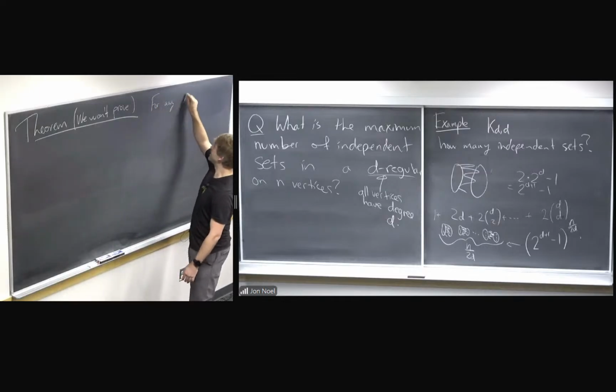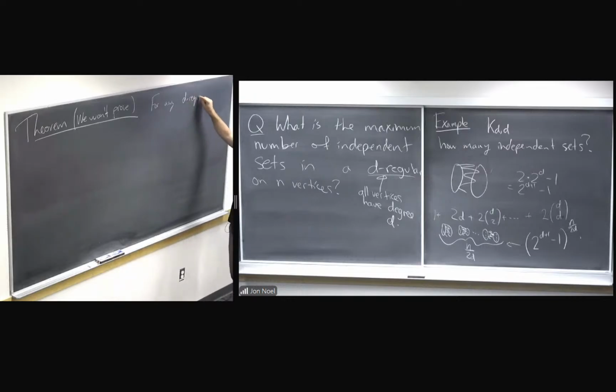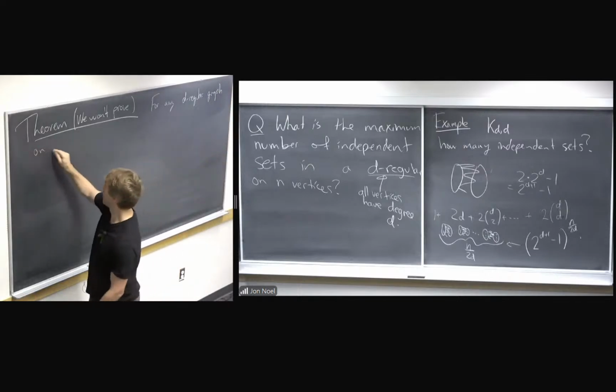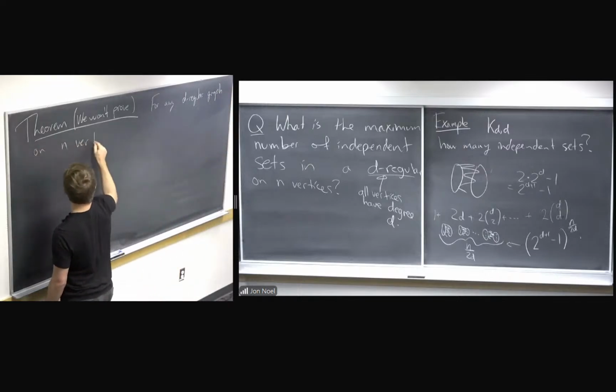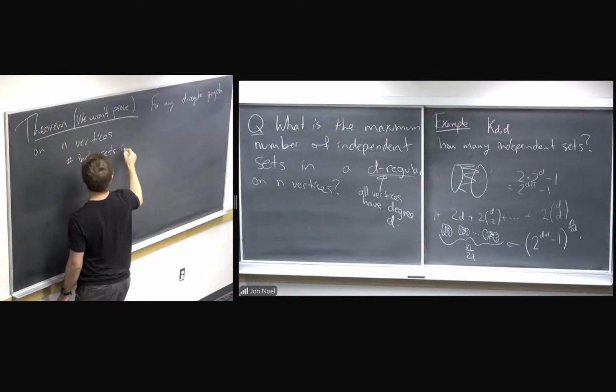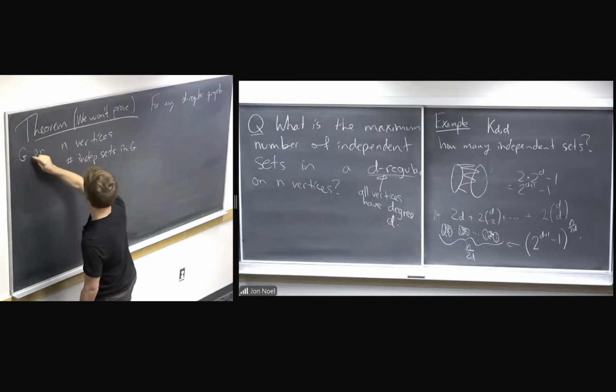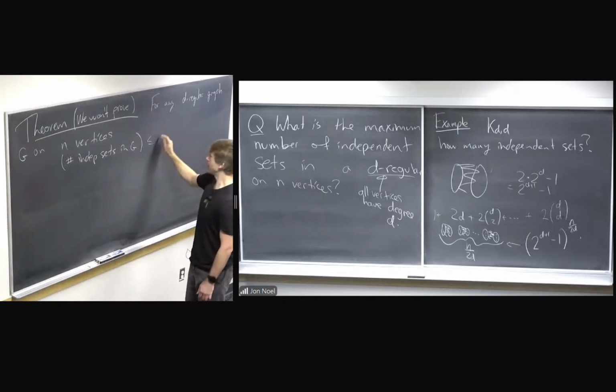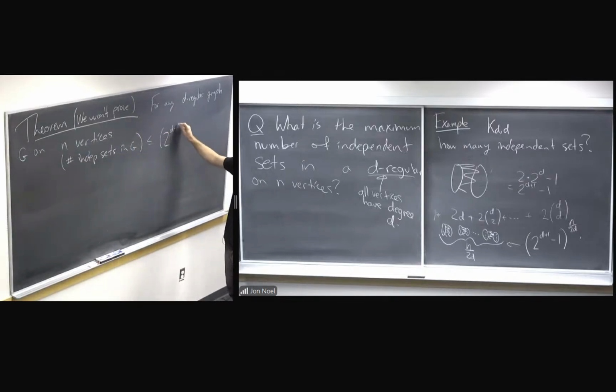For any D-regular graph G on n vertices, the number of independent sets in G is at most (2 to the D plus 1 minus 1) to the n over 2D.